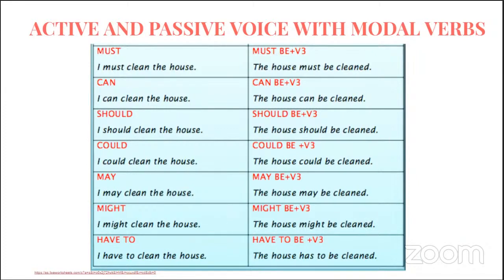The most important thing is to follow the structure. You must have a modal verb followed by be and followed by a verb in the past participle. This is the most important.